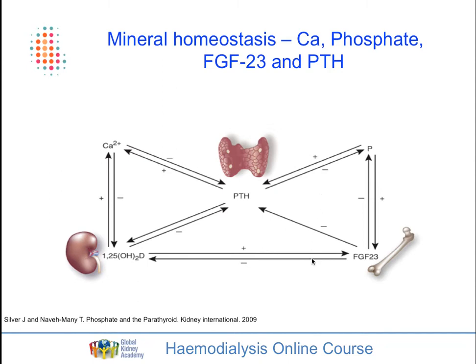I'm not going to talk you through it because it's fairly obvious, but it might be worthwhile pausing the slide so you can see that vitamin D may stimulate FGF-23, it may inhibit PTH, but obviously increases serum calcium. If serum calcium levels are high, they will inhibit PTH. If PTH levels are high, they will increase serum calcium, etc. So you can see that there's a really complex interplay between all these factors.